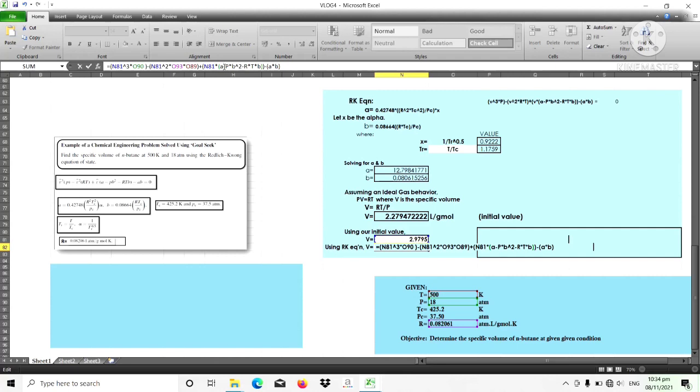Then our A is 12.7984171, and P is 18 atm, times the value for B, which is 0.08061526, times the value for T, which is 500 Kelvin, and also the B, 0.08061526, then B, 0.08061526.